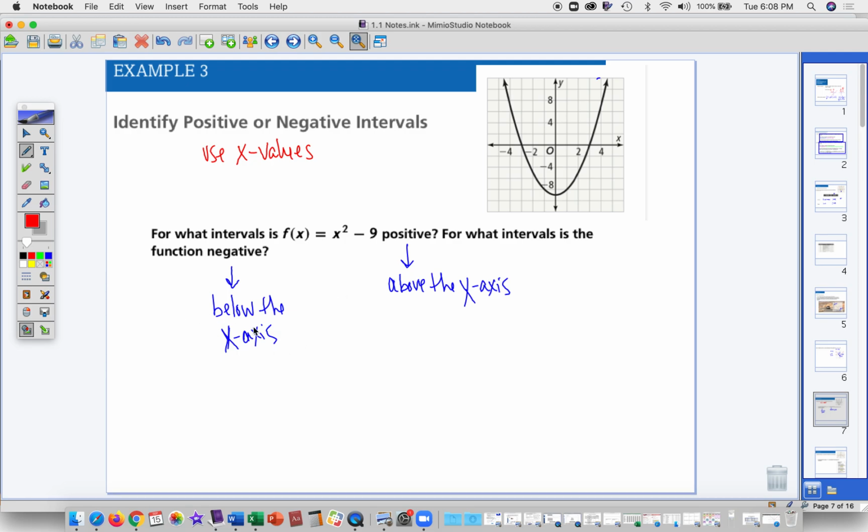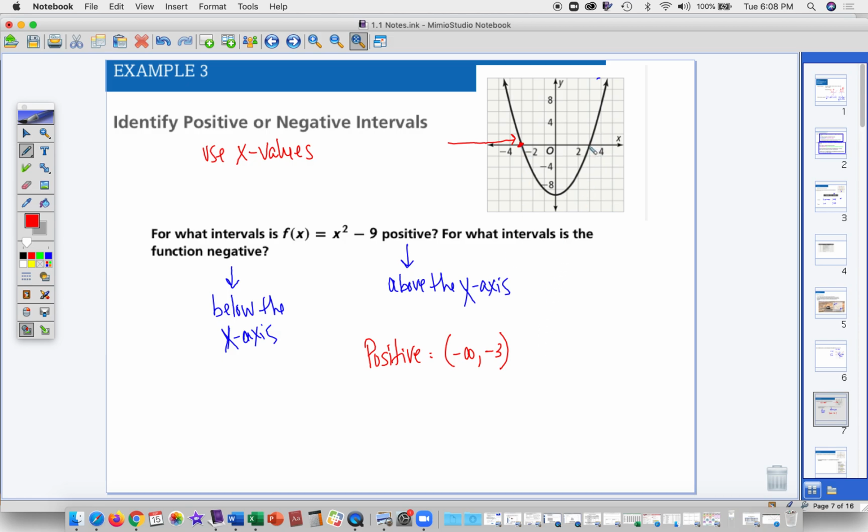We're going to list out these intervals. Let's start with the positive intervals. I'm starting from way over here, and I'm going in the direction to the right. This is where the change occurs, at -3. So it's positive from negative infinity over to -3. Again, I'm describing by x values.